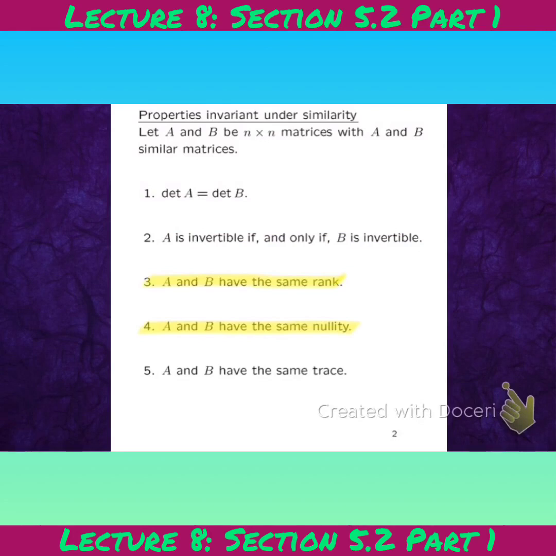And the nullity is the dimension of the null space of A. So when you do this similarity transformation on A to get B, the new matrix is still going to have the same rank, and it's going to have the same nullity. Okay, so I just quickly want to look at property 4.